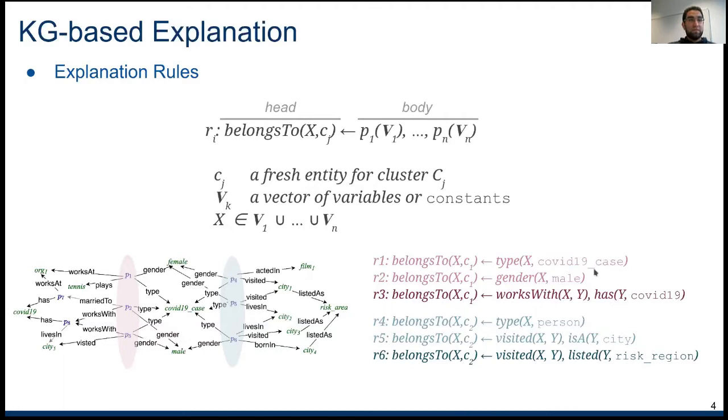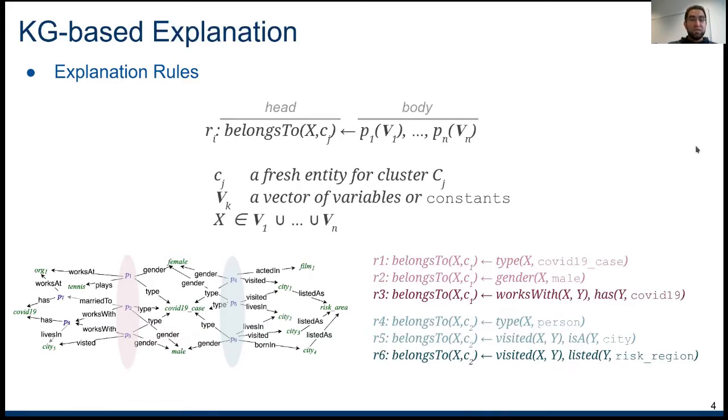For the knowledge graph we have shown before, with cluster 1 in red and cluster 2 in green, potential explanations for cluster 1 are: these are the people who are potential COVID-19 cases, or male, or people who worked with someone who was infected with COVID-19. While for cluster 2, we can see, for example, R6: these are the people who visited some risk region.